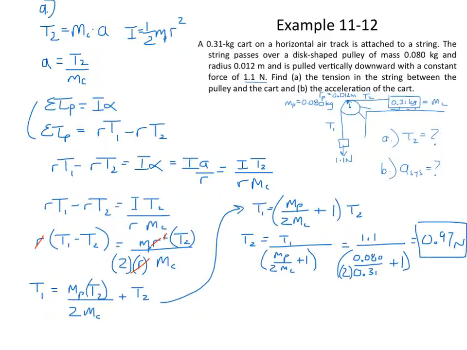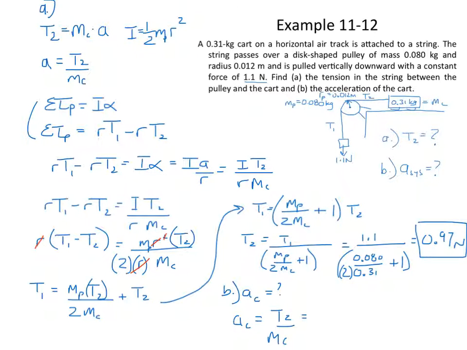Finding the tension 2. Part B is what is the acceleration of the system, or what is the acceleration of the cart? Well, let's go back to our original statement right here. T2 equals mass of the cart times acceleration of the cart, right? So that means the acceleration of the cart, AC, equals tension 2 divided by the mass of the cart.